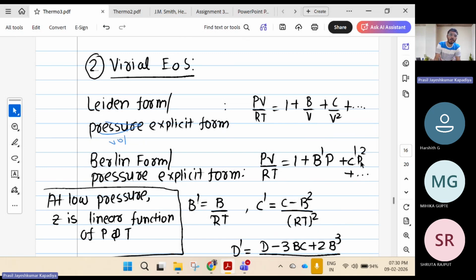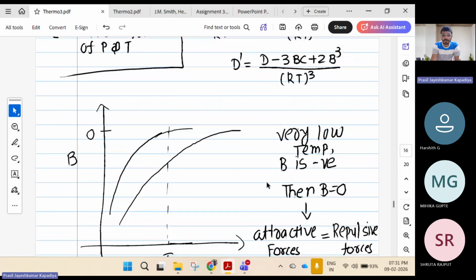Let's say I'm at 0.1 bar. My P is 0.1 and my P square is 0.1 square, that is nothing but 10 to the minus 2. So this term will not contribute much. So at lower pressures, it is a linear function of pressure and temperature.